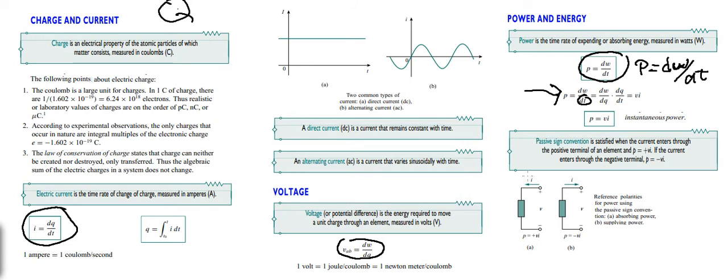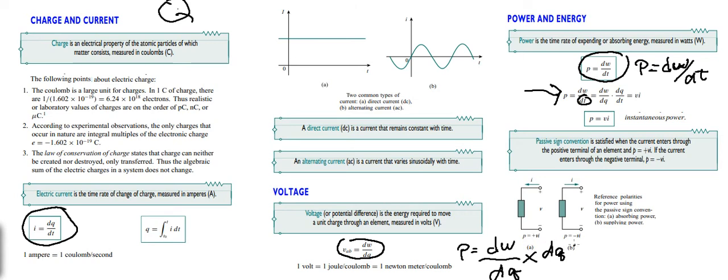To prove that, I'll just rewrite it. V is dW over dQ multiplied by dQ over dt.